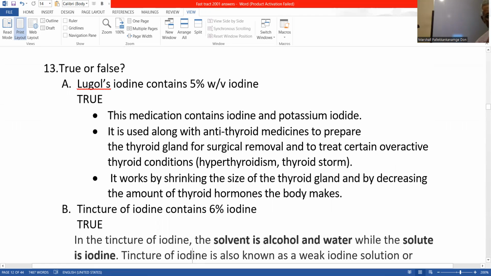Go to number 13. True or false? Lugol's iodine contains 5% weight by volume iodine. That is true. This Lugol's iodine is given as a medication for hyperthyroidism.